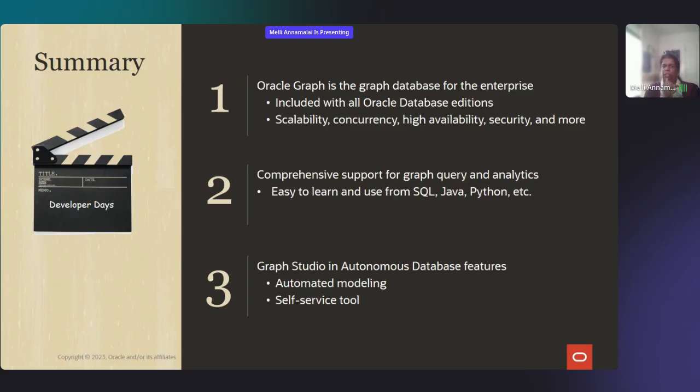But the point always is, keep in mind that your source data is almost always in a relational database. So you can use either R2RML technology to get a graph model out of it, or for property graphs, some of the new SQL syntax that's coming up, or the PGQL syntax that we have to create a graph. So either way, it is like R2RML.